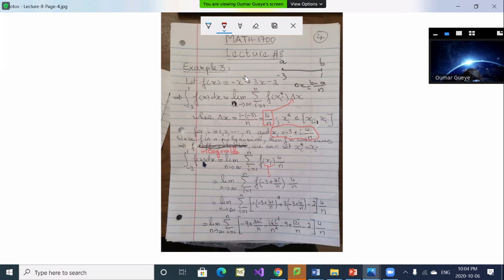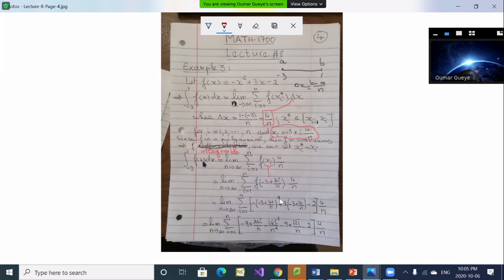So it means in the formula of f, I have to substitute any x by -3 plus 4i over n. And doing so, I'll get these square brackets. You guys can see here, from the first term, you substitute this x by -3 plus 4i over n, so you will get this term.